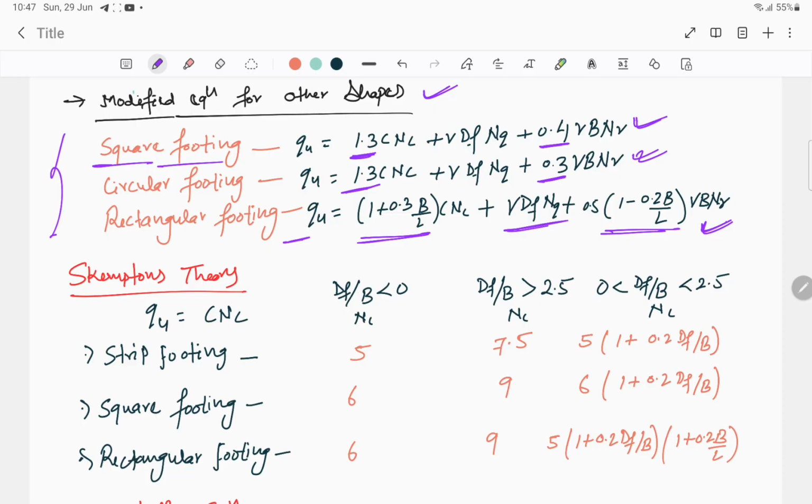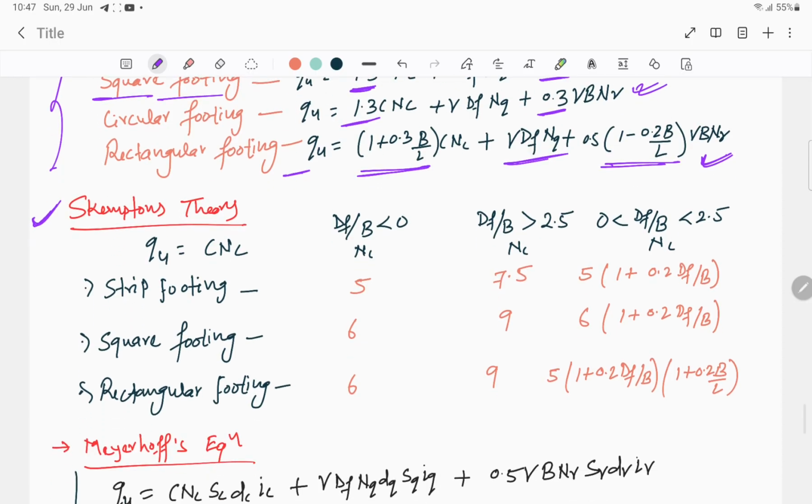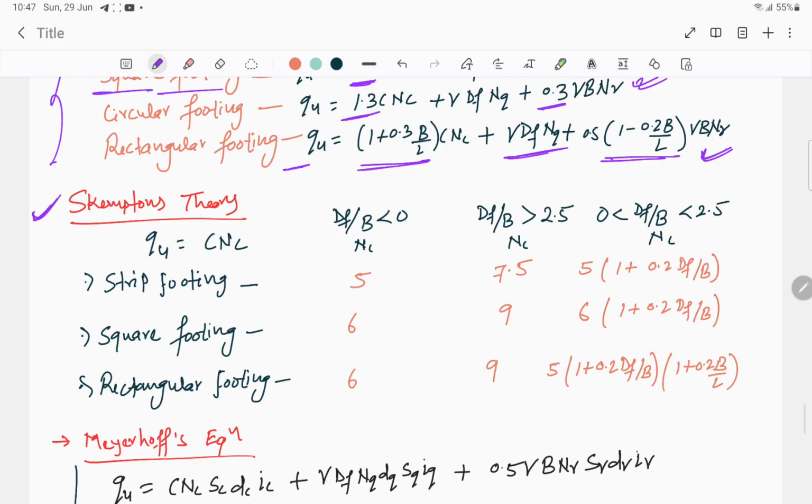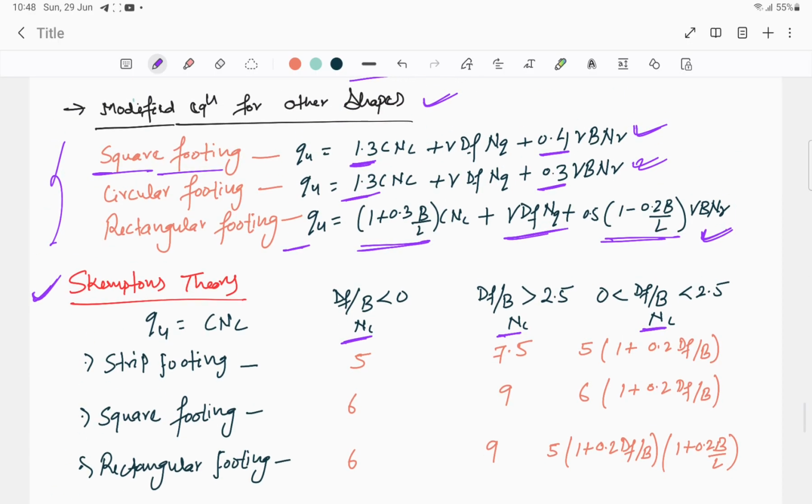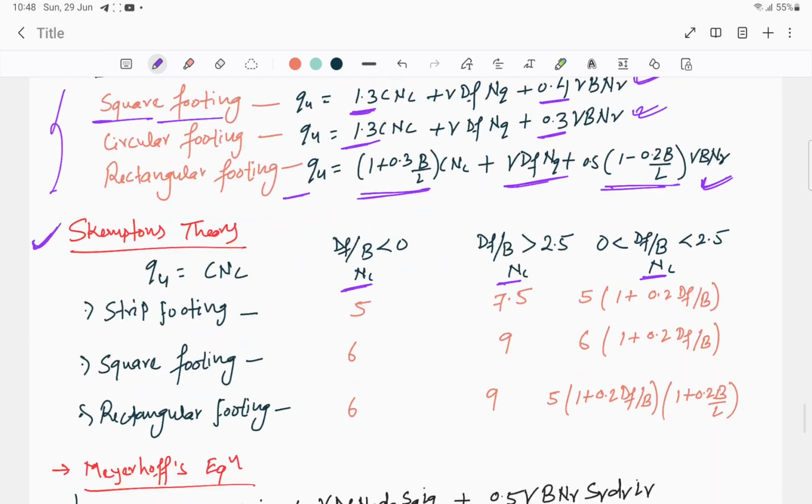And if you consider another theory that is given by Skempton, who has calculated a different value of this Nc in the same formula, only the Nc value has changed. As you know, the Nc value according to Terzaghi is 5.7.